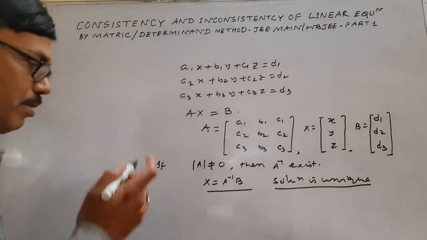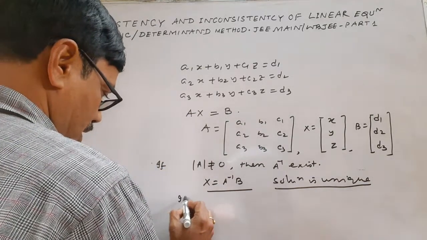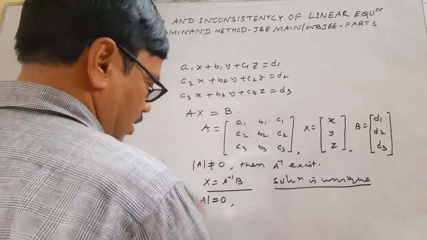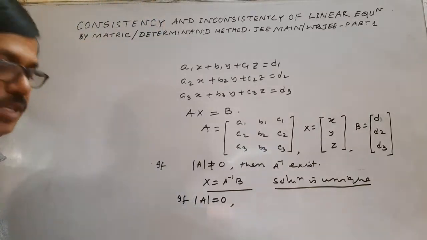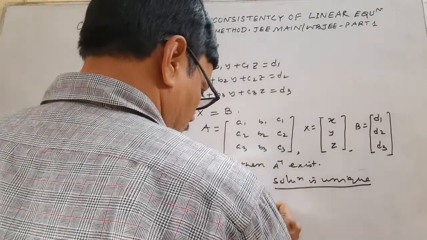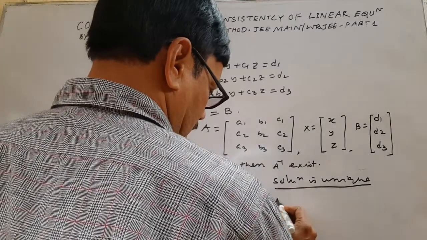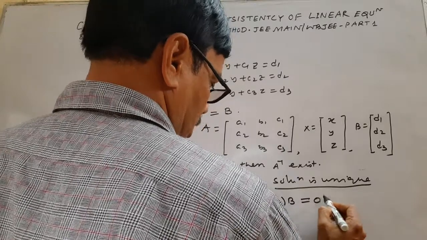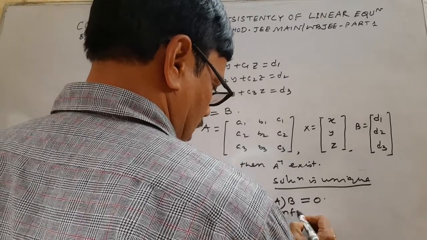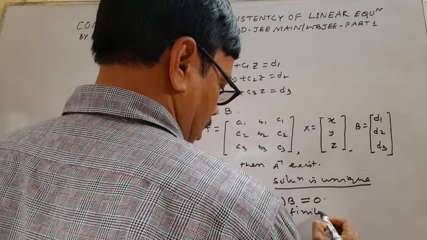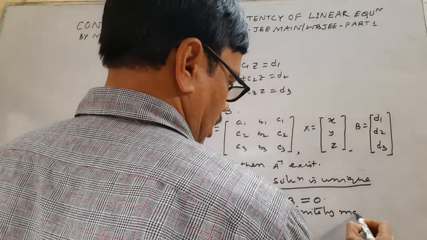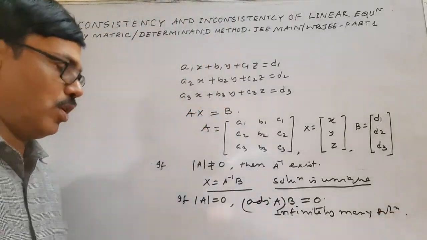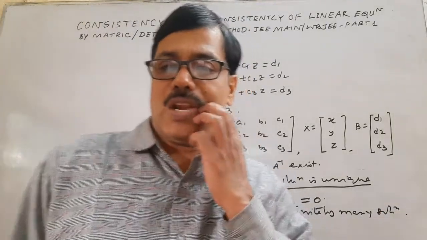Now, if determinant A equals 0, then there are two possibilities. Then we calculate adjoint of A into B. If it is 0, then infinitely many solutions.